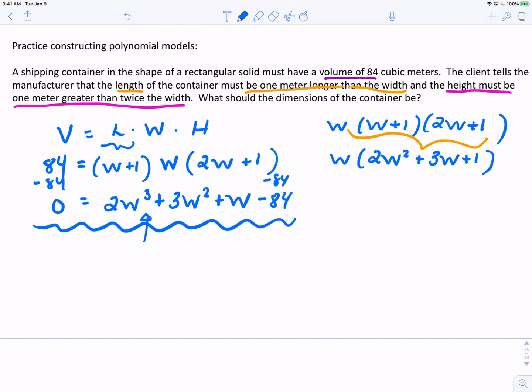That's true, but remember when it was in factored form, it wasn't equal to 0. So factored form really doesn't help us unless it's equal to 0. That's why we really did have to multiply them together. And now we have one side equal to 0. What we would do next, because it's a cubic, is to use technology and find our roots.